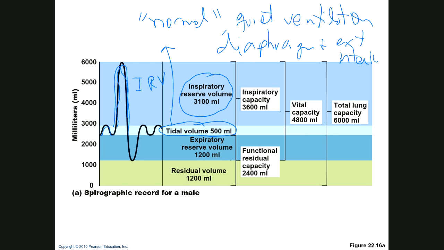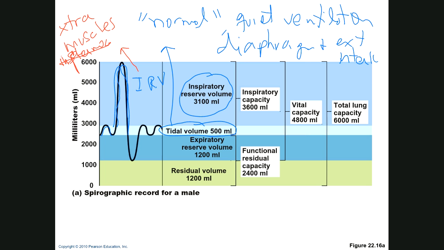We get the inspiratory reserve volume by using the extra muscles of inspiration, and you should know those: sternocleidomastoid, pectoralis minor, scalenes. I meant to put inspiration, but I'm just going to leave it as extra muscles. Know which are those extra muscles.